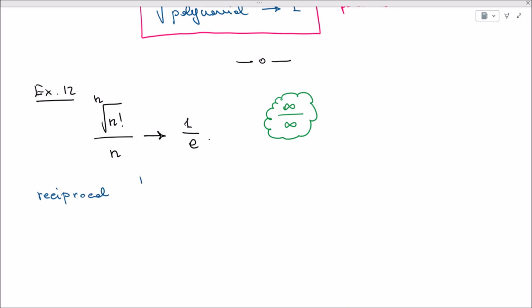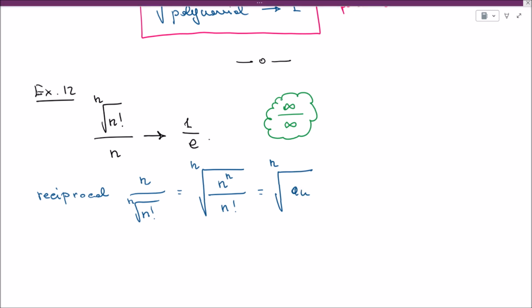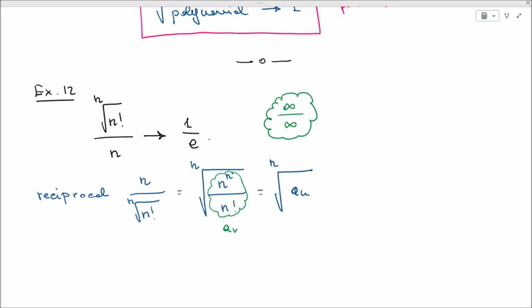is basically n divided by the nth root of n factorial, which is something that we can also rewrite as the nth root of, we have n factorial at the denominator, and of course we'll have n to the n at the numerator. And we can represent this basically with an. This is going to be an.